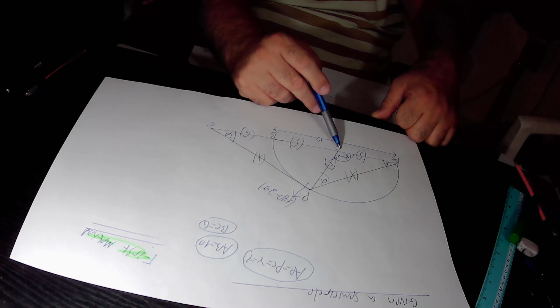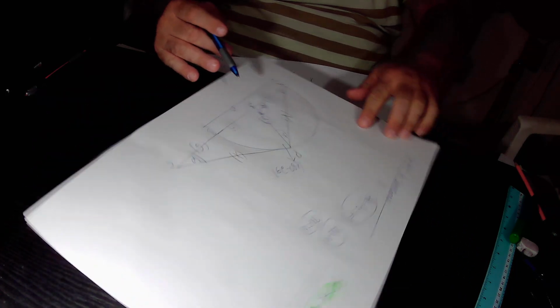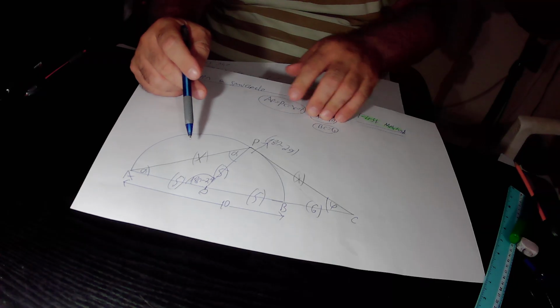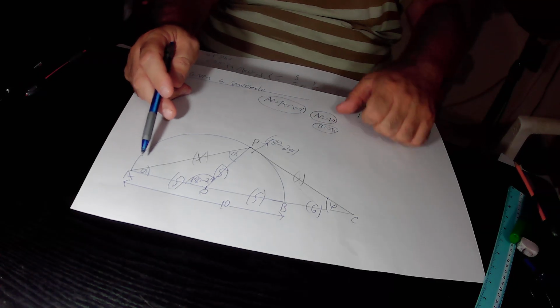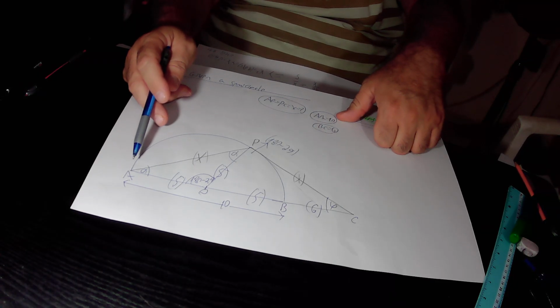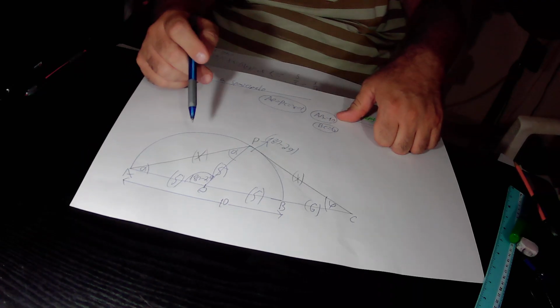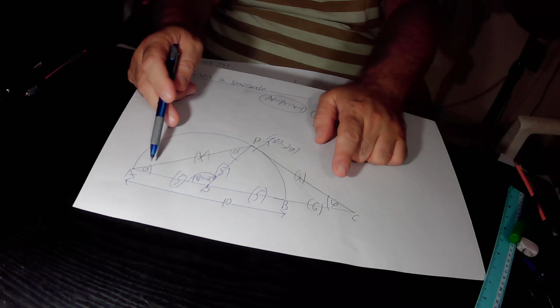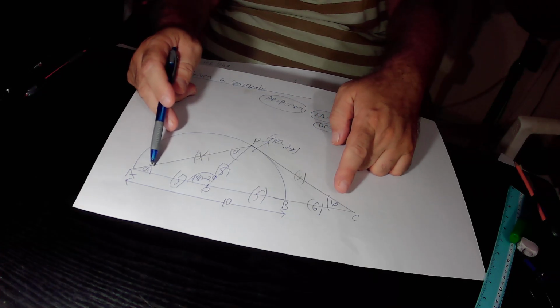Likewise, in the big isosceles triangle APC, why is triangle APC an isosceles triangle? Because AP equals PC equals x. Opposite those two equal sides, there are two angles that must be equal to each other.